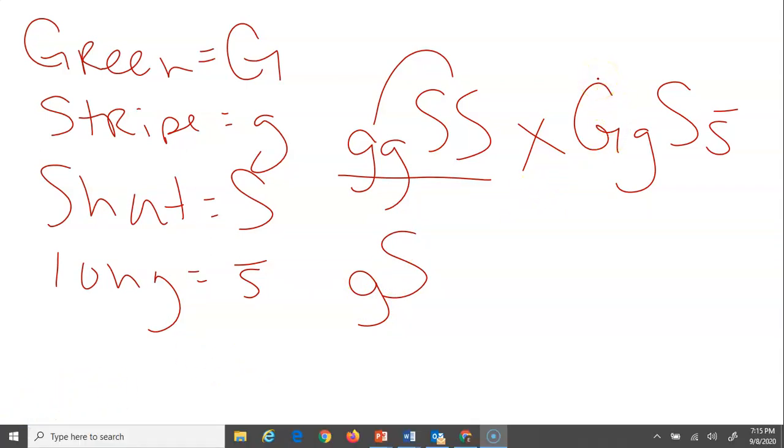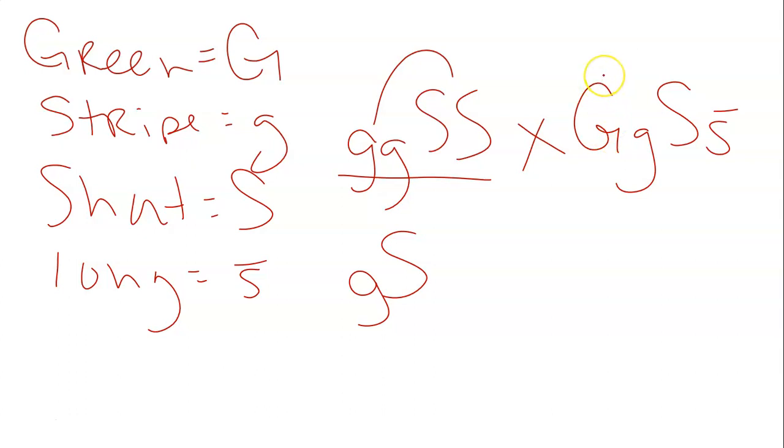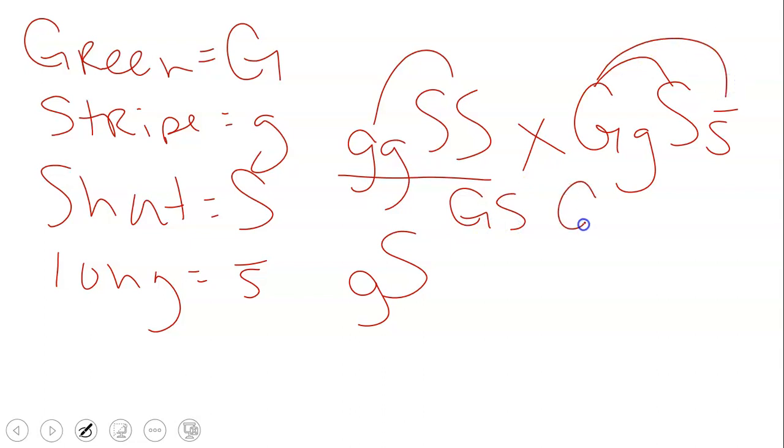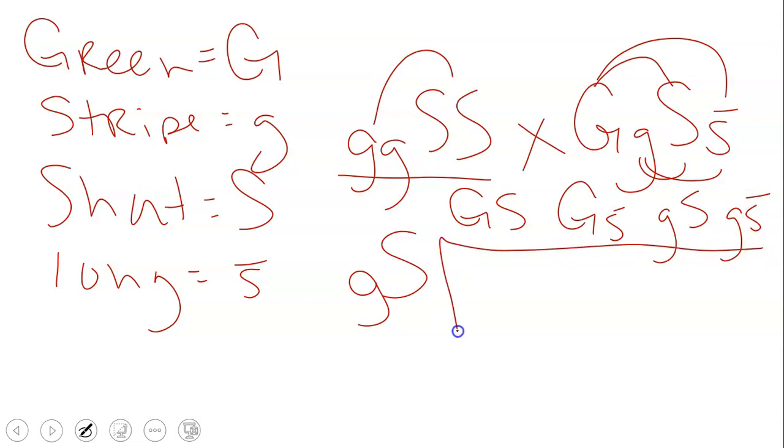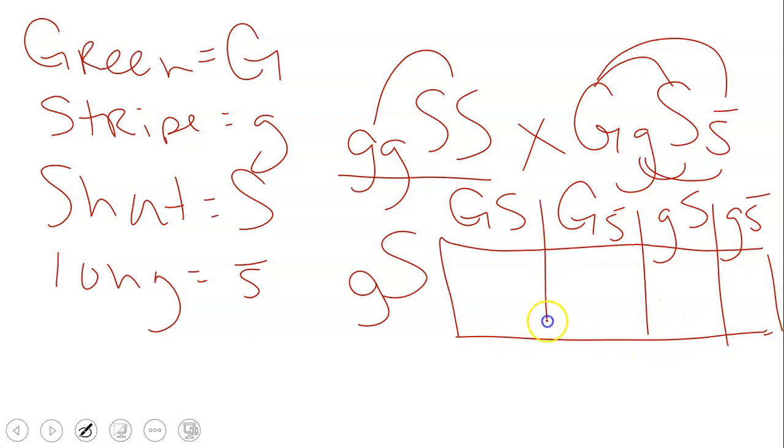So we've got big G, big S, or big G, little s, and then we've got little g, big S. And it's equally likely that little g, little s will also be formed. So I have 4 different potential gametes being formed from that parent.